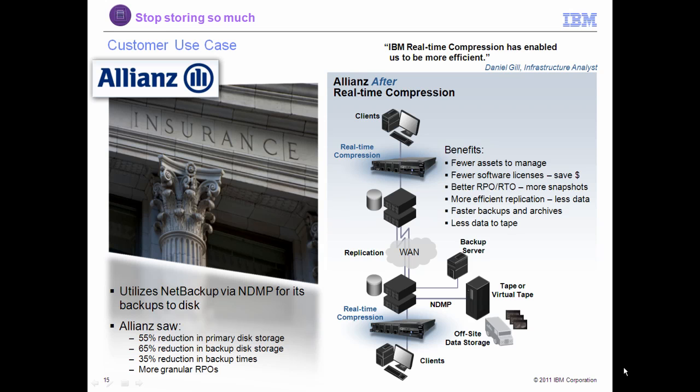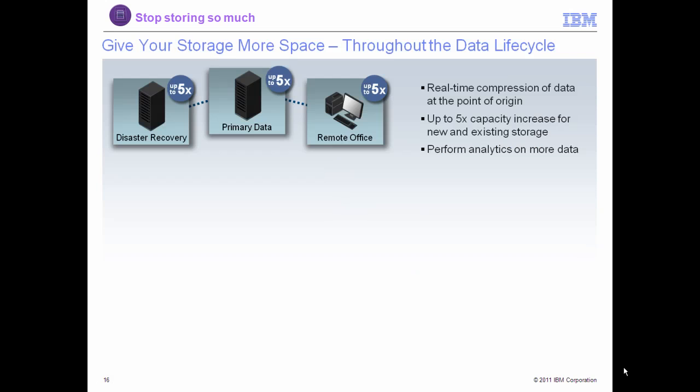Additionally, they were able to consolidate their backup environment to one environment and move less data to tape, saving both in the tape costs as well as the backup licensing and hardware licensing costs for their backup environment. Another benefit that came out of this environment was they were able to perform analytics on much more data, learning a lot about their customers and helping them to drive better margins and better customer user experience.